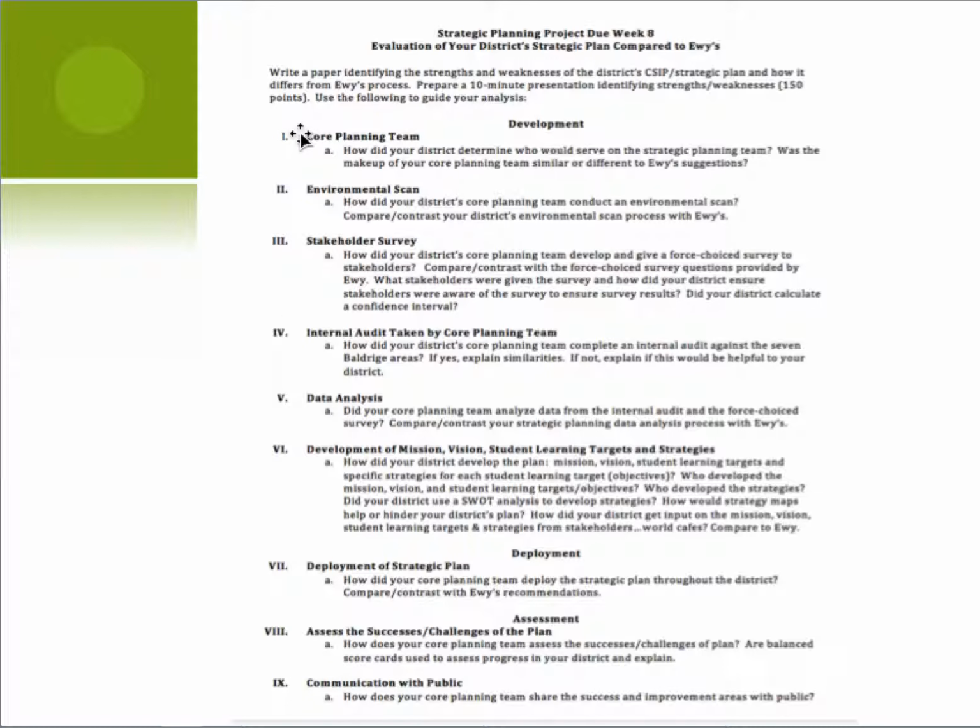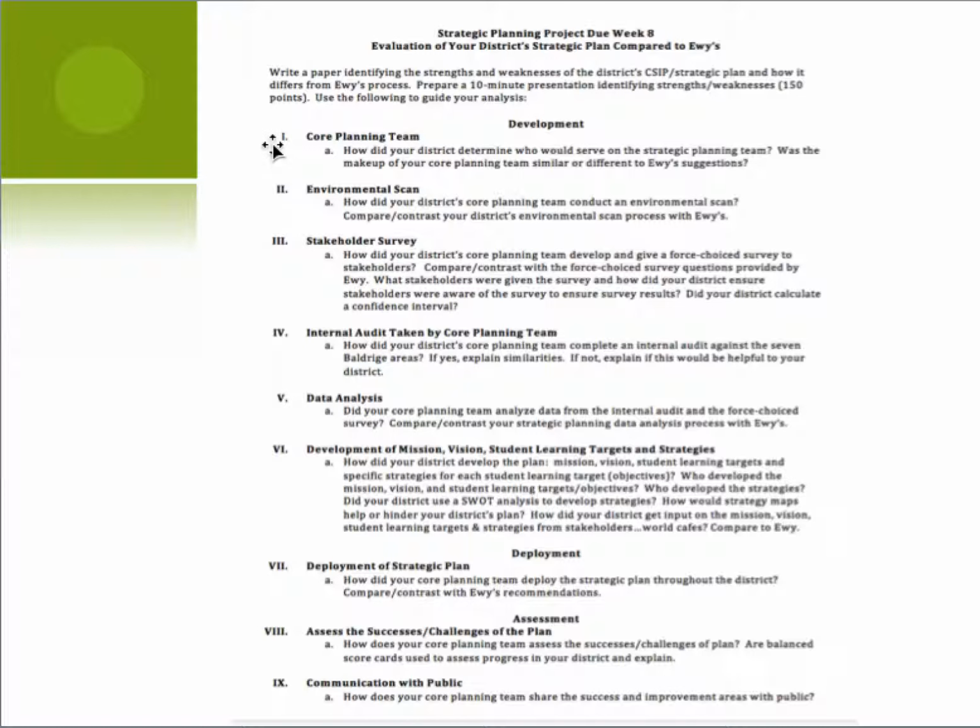And before I do that specifically, I just had a thought. You can do this analysis based on perhaps just examining a hard copy of a comprehensive school improvement plan. Many districts post such plans on the web, so that's how you might be able to get a copy of this.